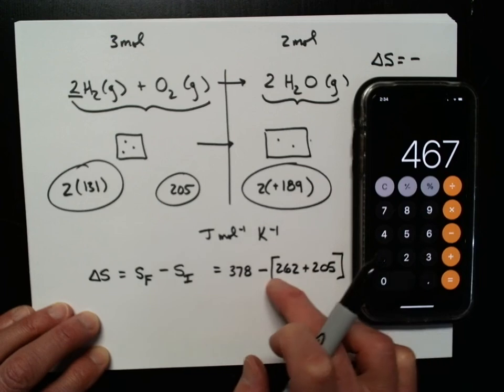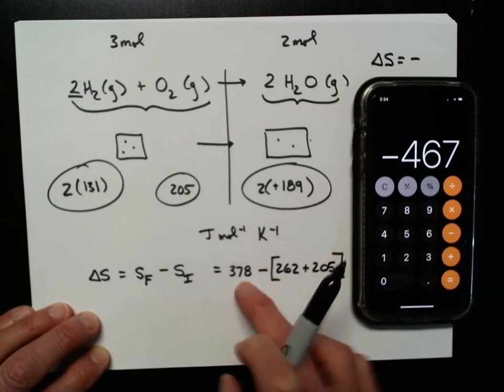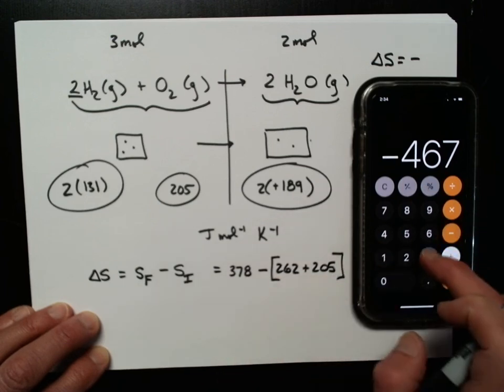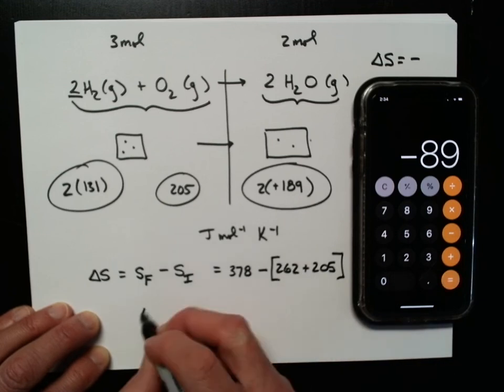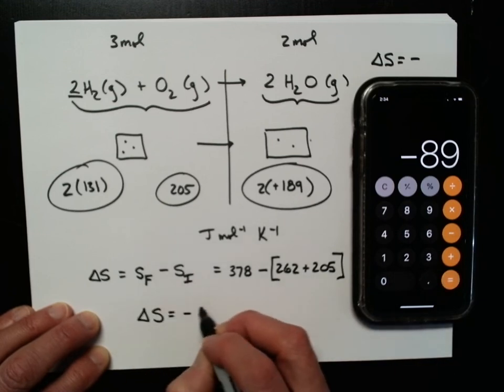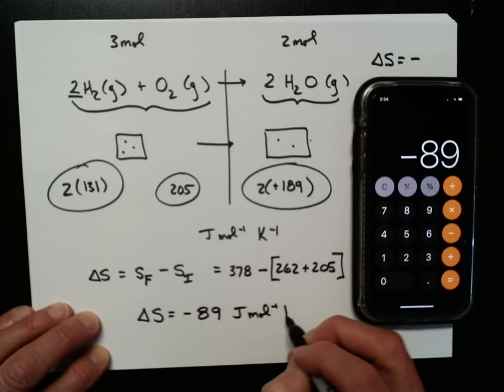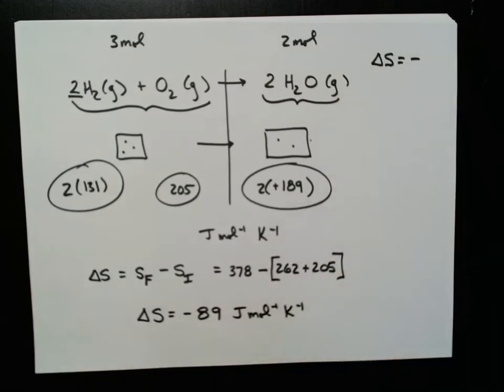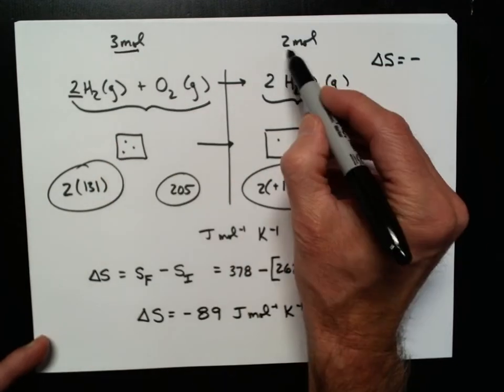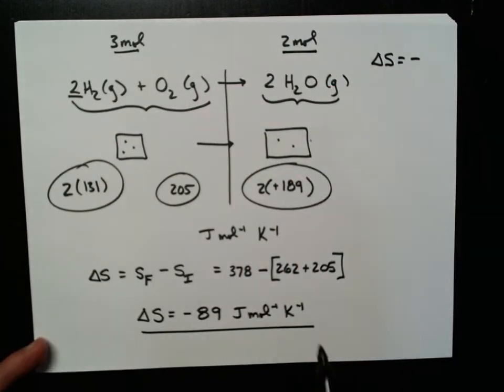I need to subtract 467 from 378, so I'm just going to make it negative and add 378. And as expected, the change in entropy for this process is negative 89, and the units of entropy are joules per mole per Kelvin. So because I went from 3 moles of a gas to 2 moles of a gas, I would expect an entropy drop, which is exactly what I saw.